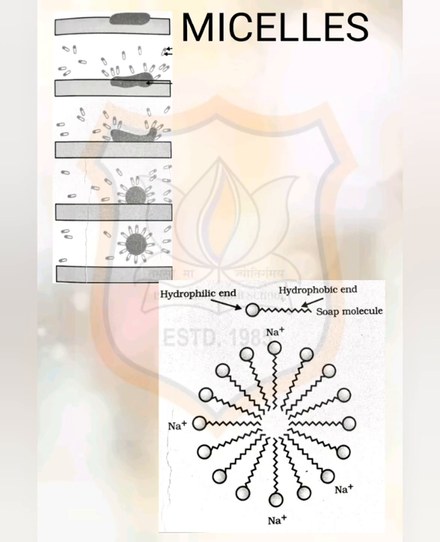When soap is at the surface of water, the hydrophobic tail of the soap, as shown in the diagram, will not be soluble in water, and the soap will align along the surface of the water with the ionic end in water, and the hydrocarbon tail protruding out of water.